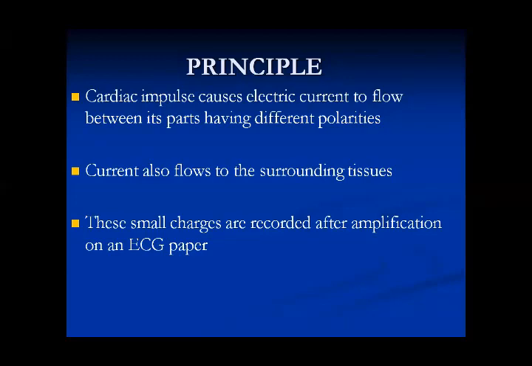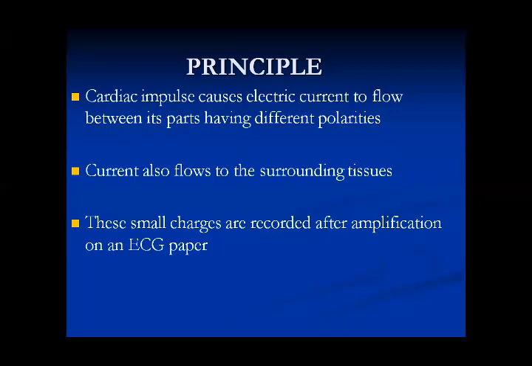So one thing is that it's the graphical representation of the electrical events occurring during a cardiac cycle. The other thing is that the cardiac impulse causes electric current to flow between the different parts of the heart, which have different polarities. If there is no difference in polarity, there would be no flow of current.